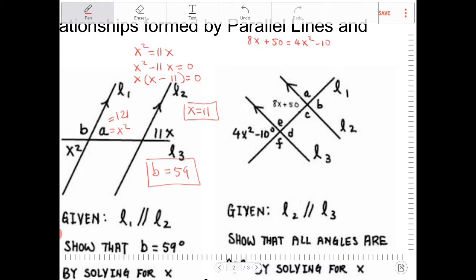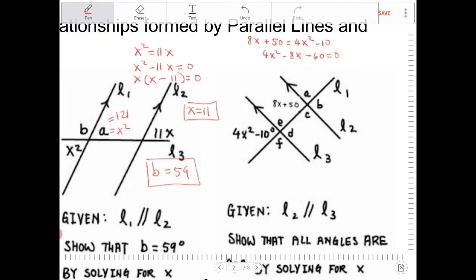Bringing all the terms to one side, I end up with 4x squared minus 8x minus 60 is equal to 0. So I'm looking for two numbers that multiply to negative 60 but add to negative 8. Or actually, no, I'm sorry, I went a little ahead of myself. I noticed that there's a common factor of 4 everywhere. So what am I going to do?